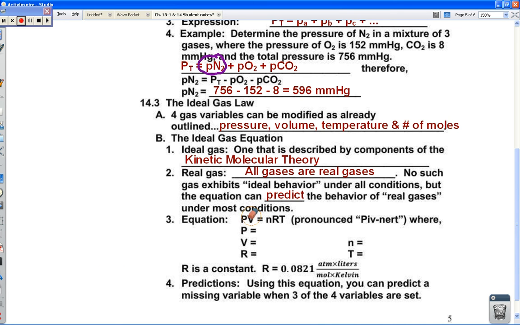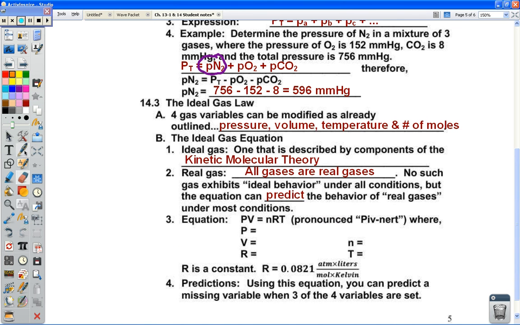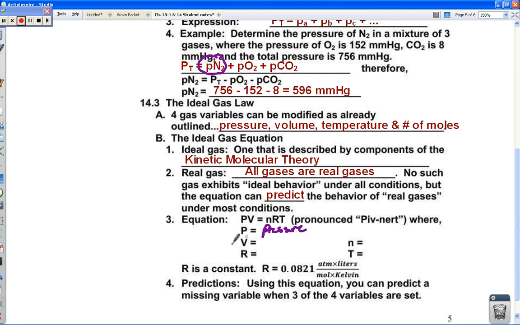It is called PIVNERT. PV equals nRT. Remember it as PIVNERT. The syllable break is the equal sign. So it's PIV equals NERT. What's P? P obviously stands for pressure, in ATM.